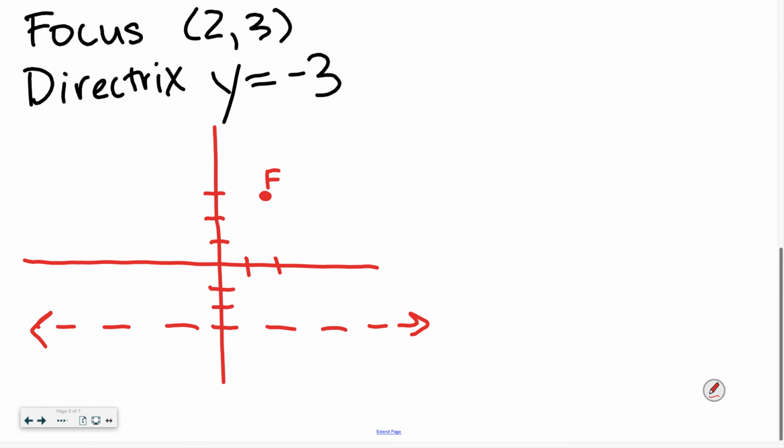Well, right now we don't have any of the information that we need except for the fact that it opens which way? Up. We know that this is going to open up because our focus is above our directrix. Okay, so we know we need the (x minus h) squared equals 4p times (y minus k).